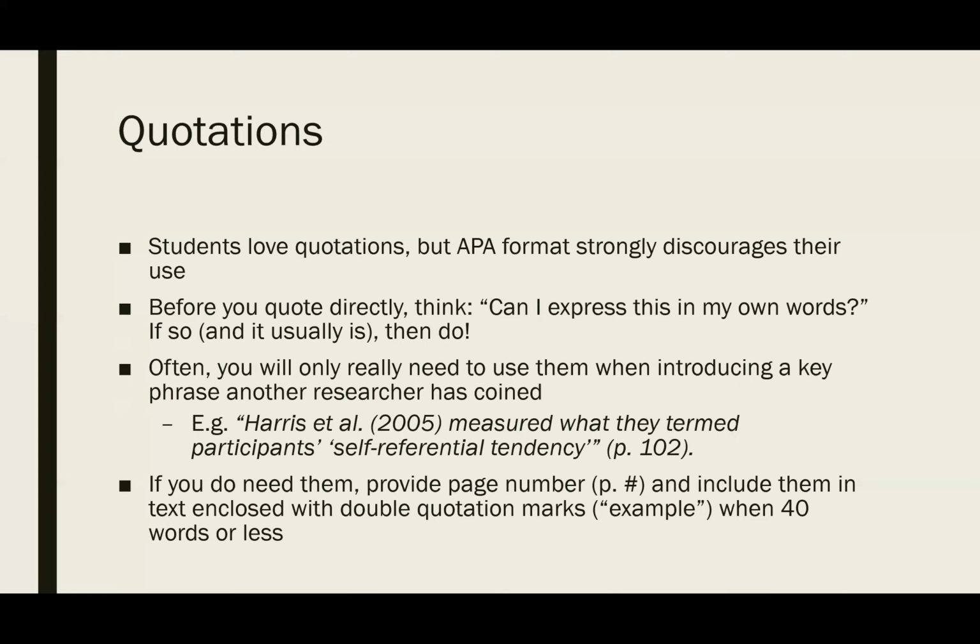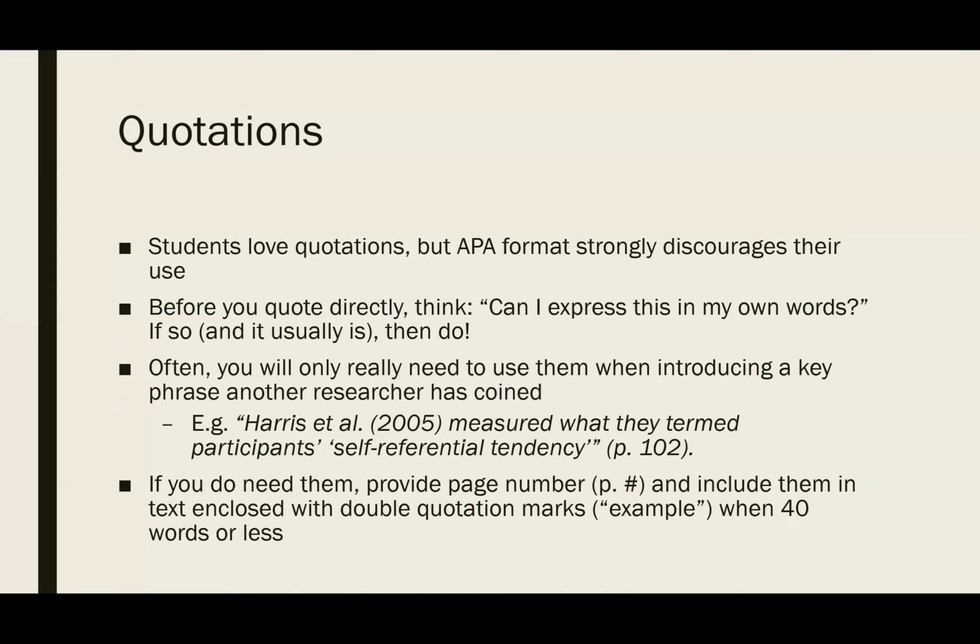I've found that for the most part, when you really need them is when you're discussing a new term coined by someone else, often another researcher. Here you don't want to plagiarize, but you need to use the exact term to express that you're discussing the same concept. So this is considered a quote and would need quotation marks and a page number.